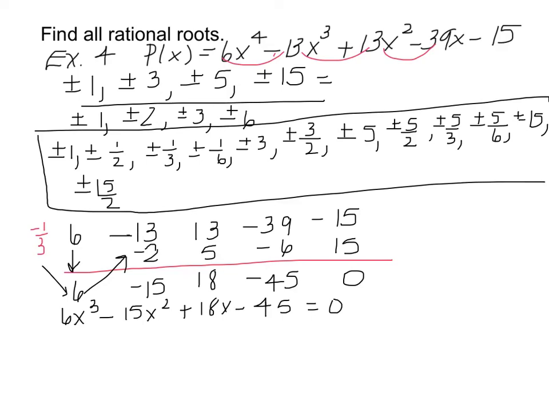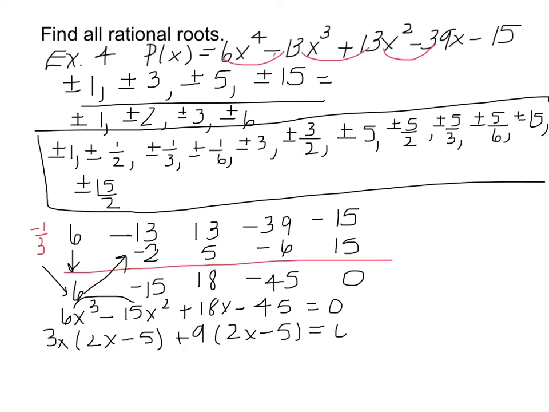Let's try it. It may or may not work. So I'm going to take out a 3x, and that leaves 2x minus 5. And then here, they have a 9 in common, and that'll leave 2x minus 5.